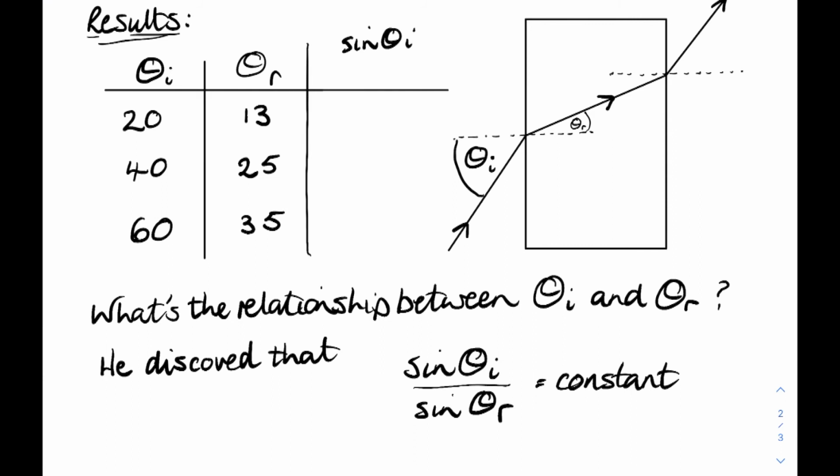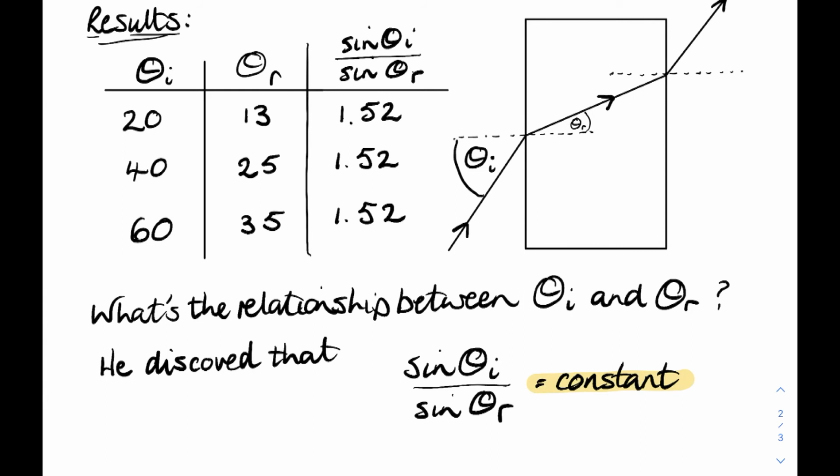Let's do the sine of the angle in air divided by the sine of the angle in glass. And if I do that in my calculator, then sine 20 divided by sine 13 is 1.52. And if I do the other ones as well, sine 40 over sine 25 is 1.52. And sine 60 over sine 35 is 1.52.